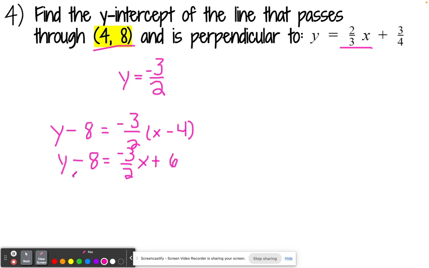My last step, I'm going to add 8 to both sides. And I get y equals negative 3 over 2x, and 6 plus 8 is 14.